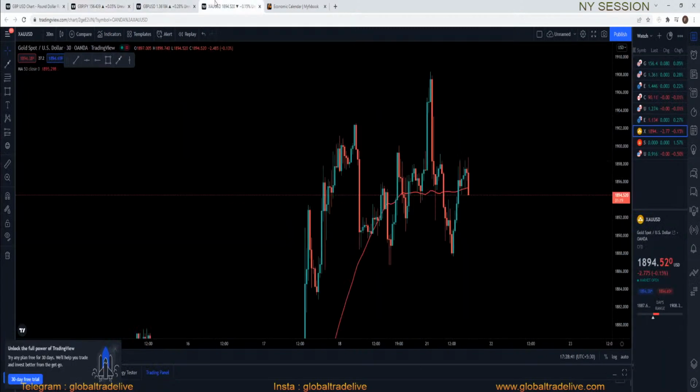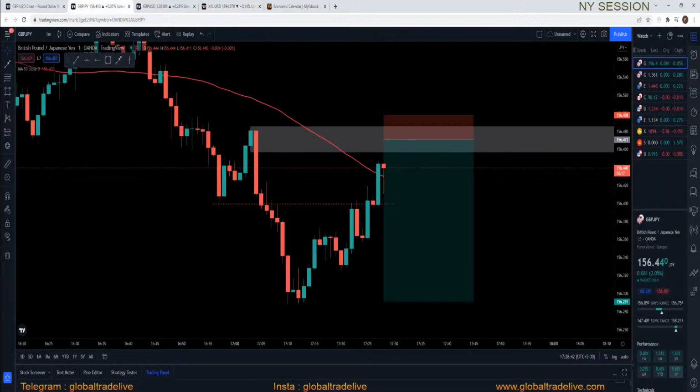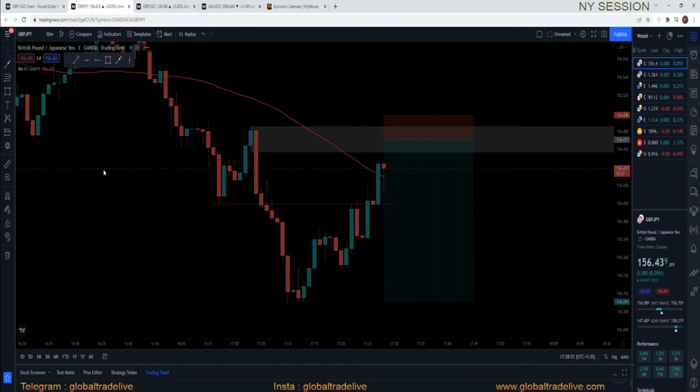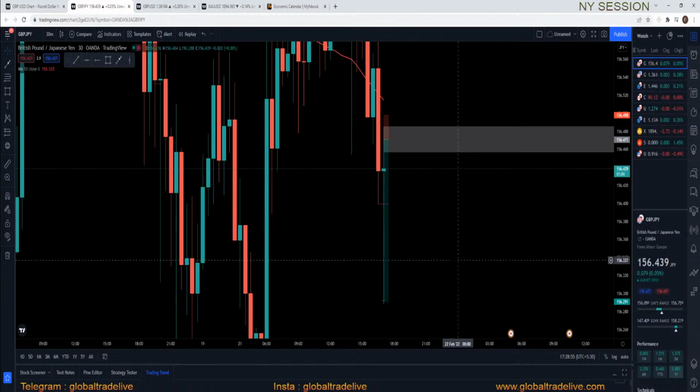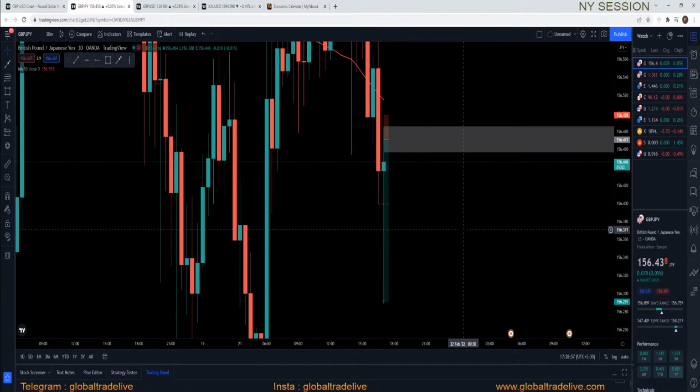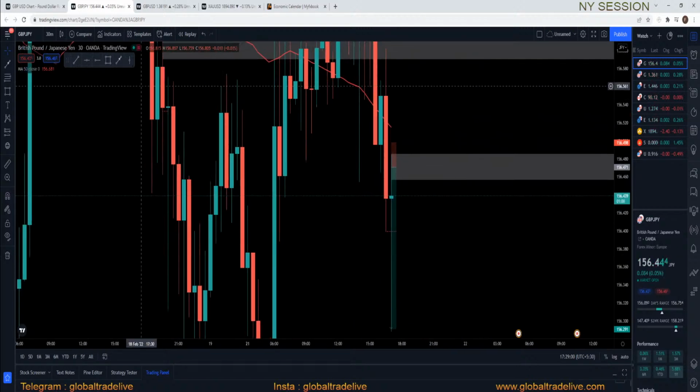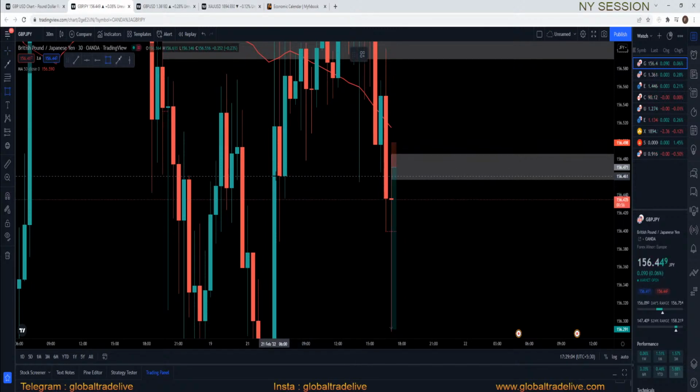Oh, gold is just getting mad. It's not stopping. The thing is, I want this candle to close below this area.